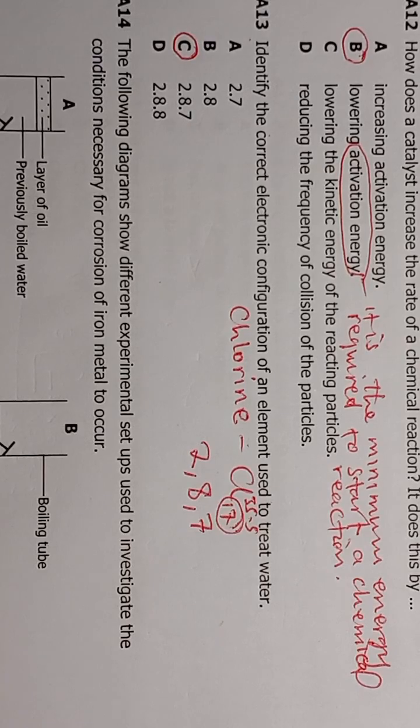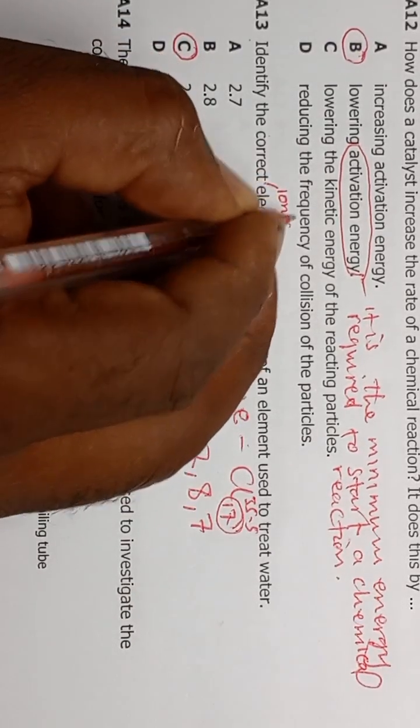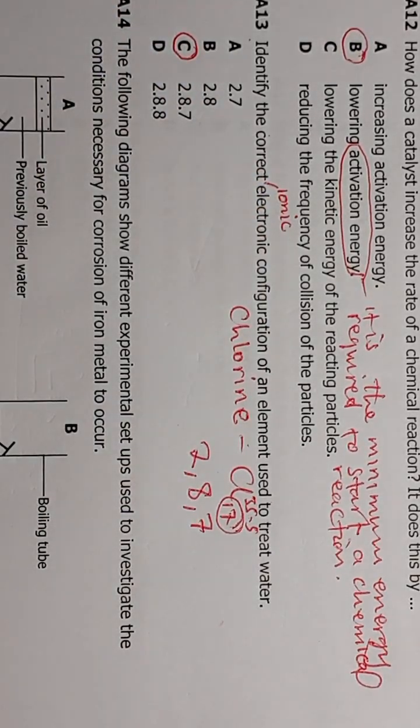So let me go further a little bit and explain something which is cardinal here. In case they said, identify the correct ionic configuration of an element used to treat water, remember that a nonmetal forms an ion when it gains electron or electrons.